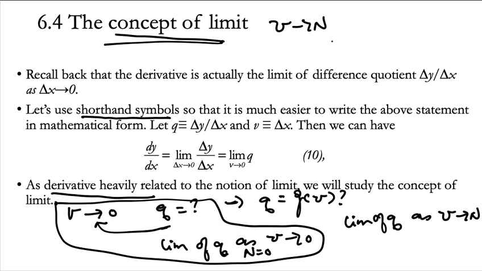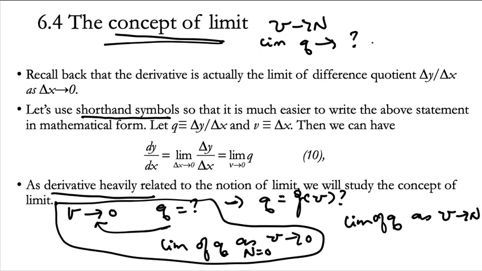V can approach the number N from left or right. You get what I mean here? So if V approaches number N from the left side, then what happens to the limit of Q? What's the value? That's the question actually.